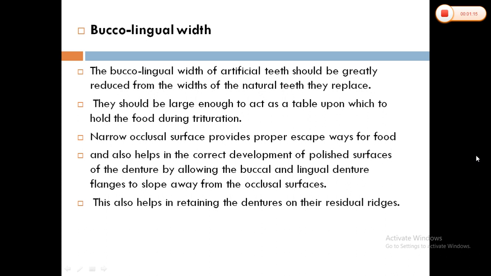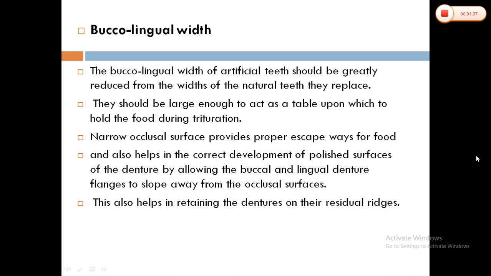Buccolingual width. The buccolingual width of artificial teeth should be greatly reduced from the widths of the natural teeth they replace. They should be large enough to act as a table upon which to hold the food during trituration.